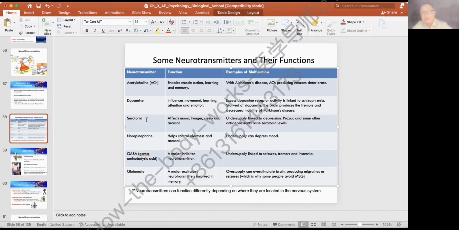If we want to treat a depression patient with some agent, generally in America or around the world, the agent is called Prozac. Prozac is a serotonin reuptake inhibitor.